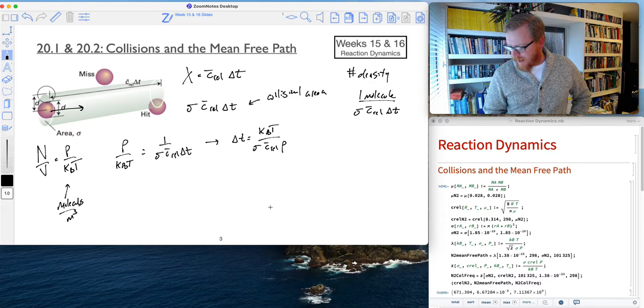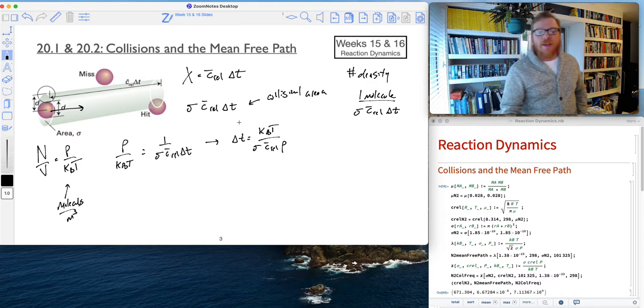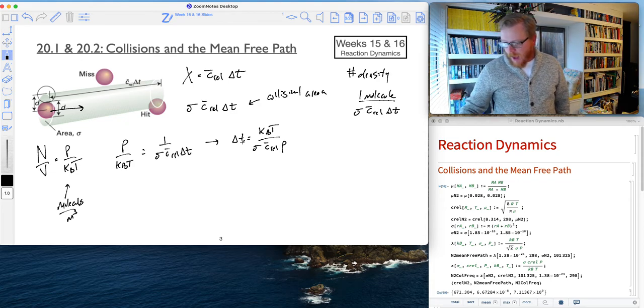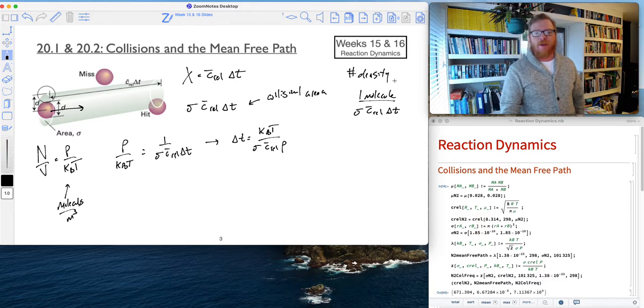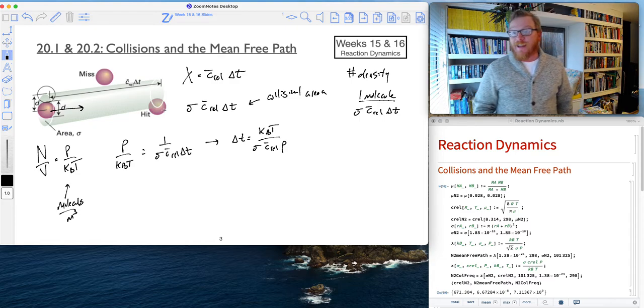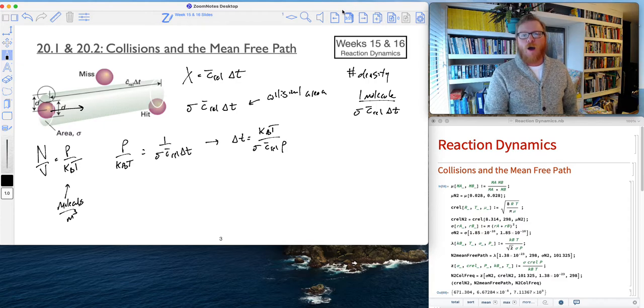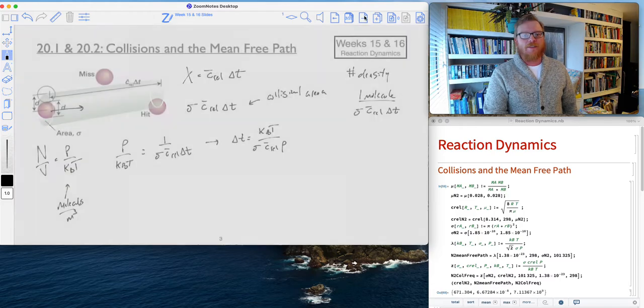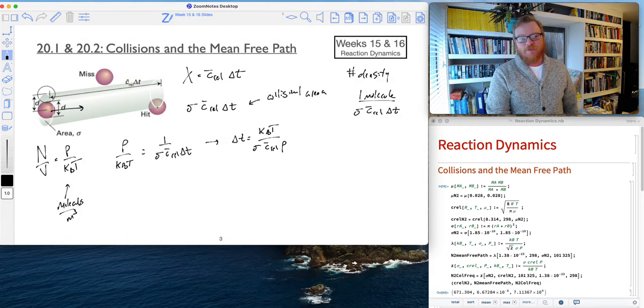Okay, great. And so this represents the time between collisions. But what I want to point out here is this assumes that this molecule is not moving and that only this molecule is moving, okay? So when we look back to this, I introduced that c bar relative is really root 2 times the mean speed, right? And so in this initial description, it appears as if this molecule is standing still, but it's not, it's actually moving.